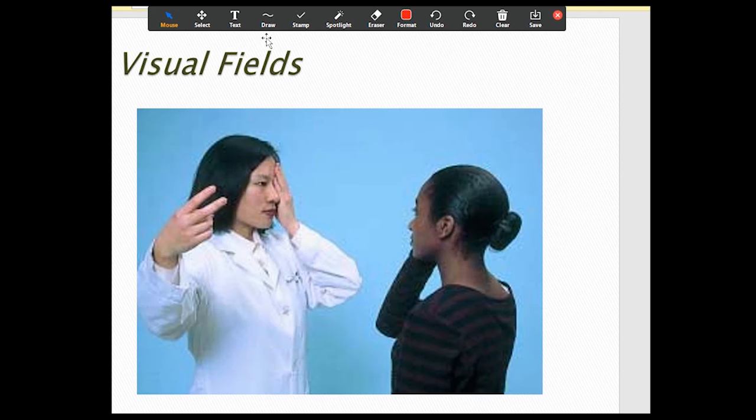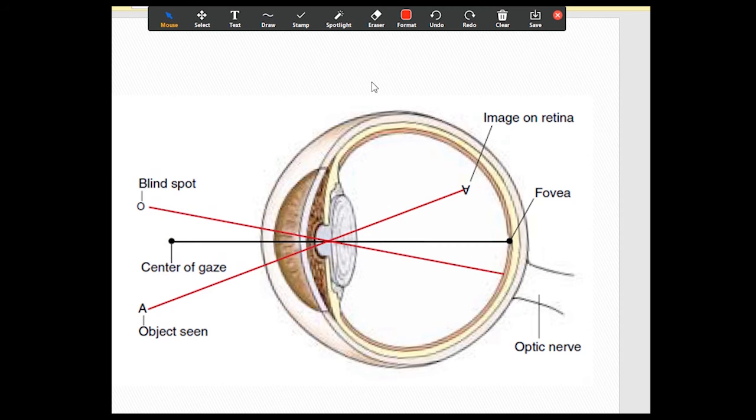So checking the eyes, we have some special ways. This picture is checking the visual field. We compare the practitioner's vision with the patient's vision. It should be the same, and that's normal. If the practitioner can see but the patient couldn't see, that's abnormal.